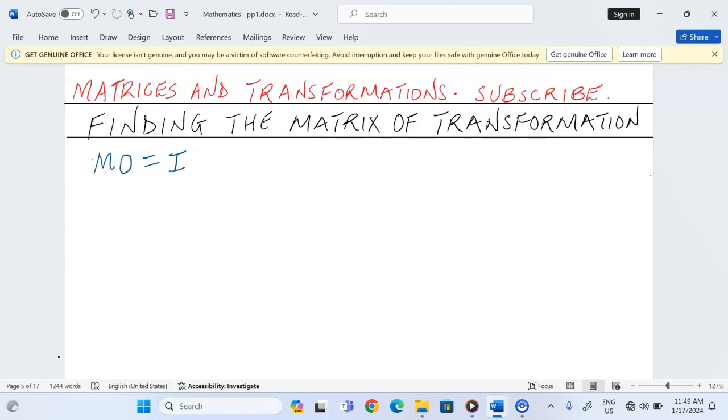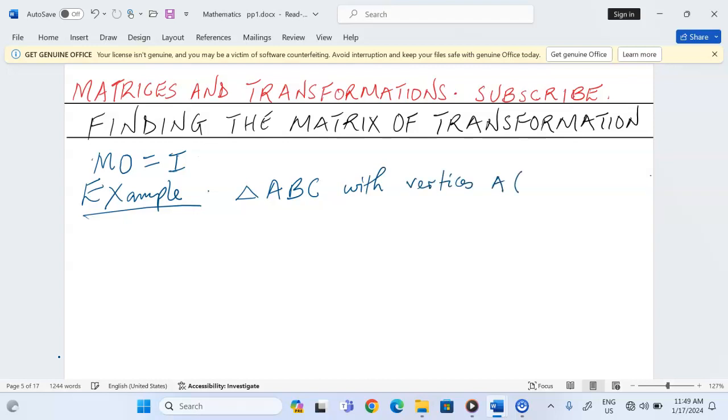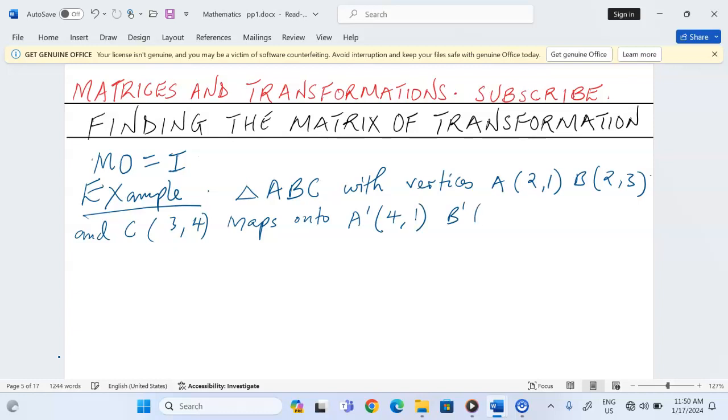Let me begin by doing an example. We are told that a triangle ABC with vertices A (2, 1), B (2, 3), and C (3, 1) maps onto A' (4, 1), B' (8, 3), and C' (5, 1).